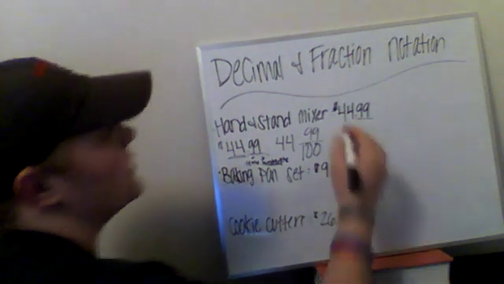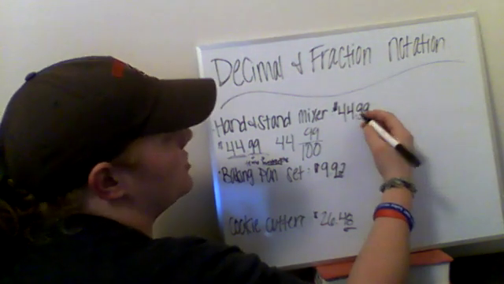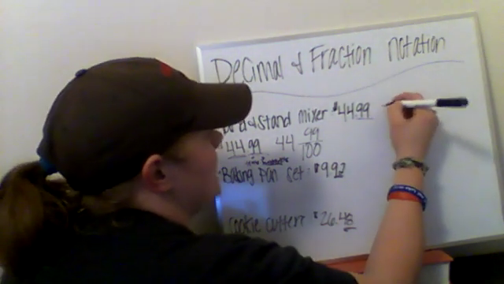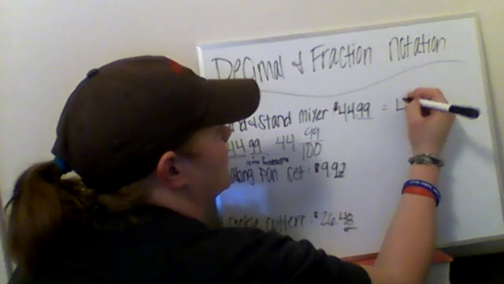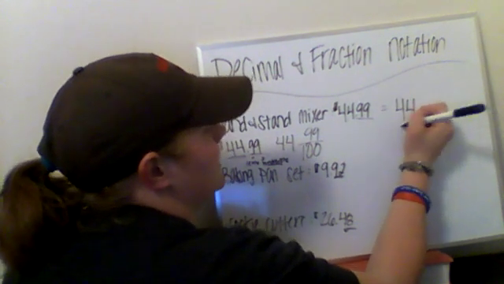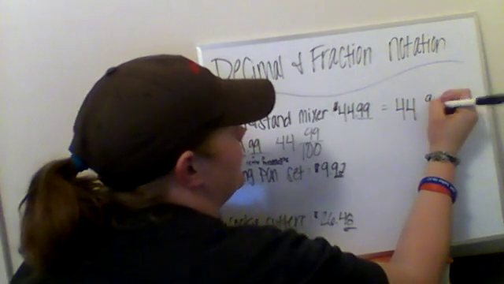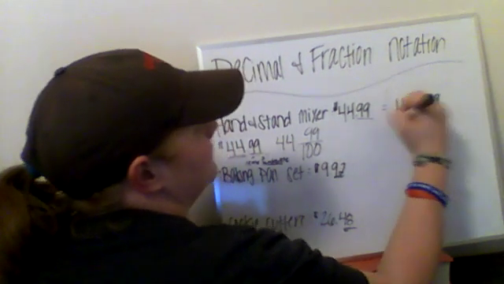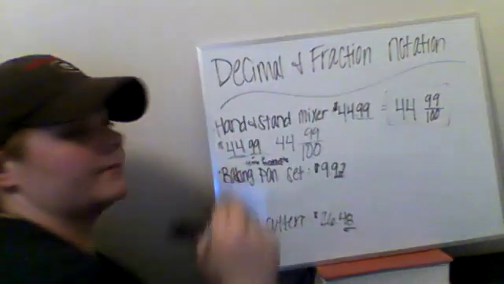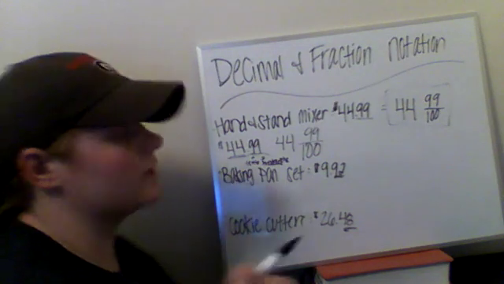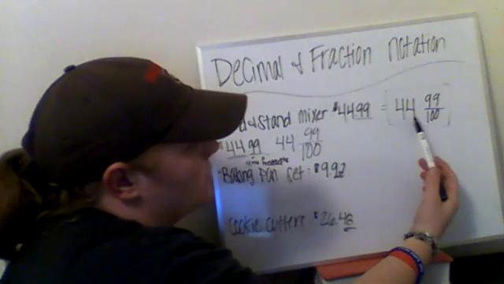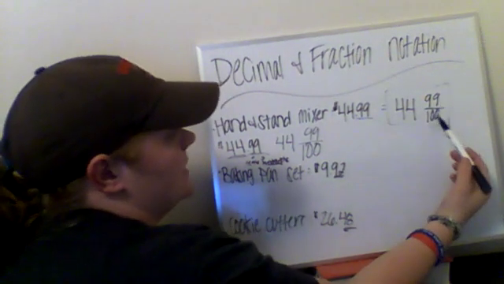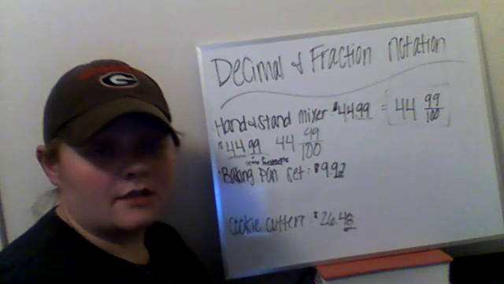If I represent $44.99 as a fraction, I would have 44 as my whole number, then 99 over 100. That would be my answer. And if you notice, 44 and 99 hundredths is a mixed number.